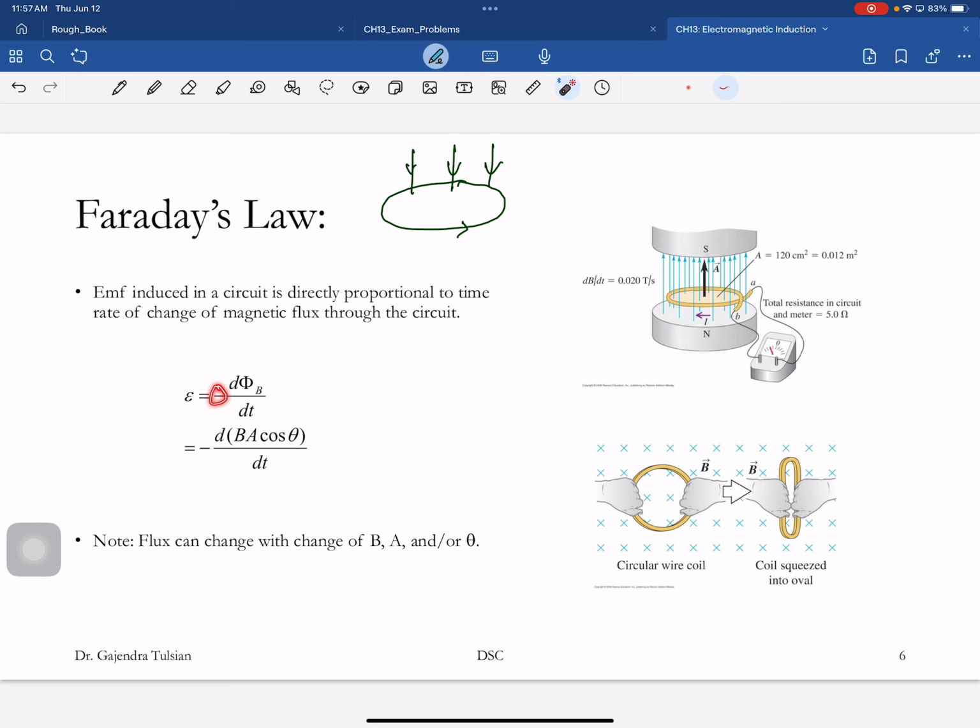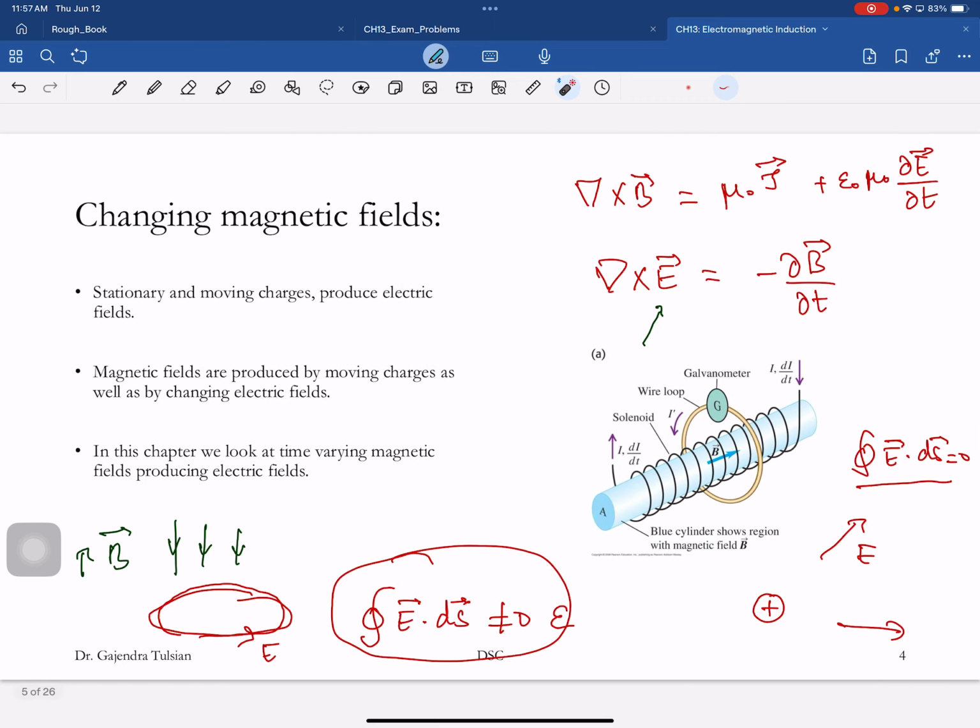The negative sign is related to this fact. Okay, when I said the magnetic field is increasing in this direction, the electric field is in that direction. So let's understand the negative sign. If you have a current in this direction, the electric field will drive a current in this direction. What is that loop of current acting like?